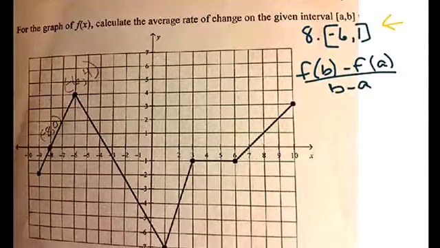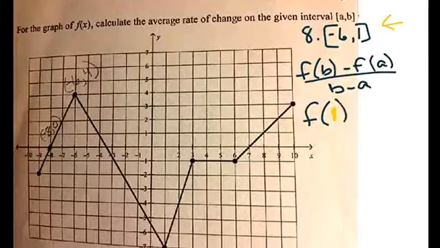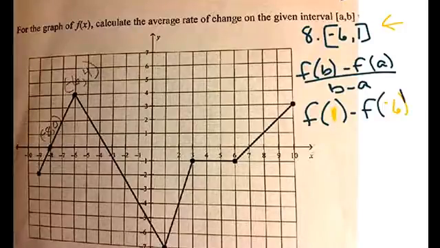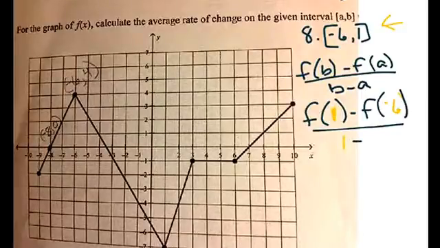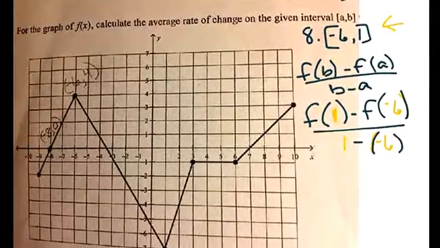I've got f of 1 minus f of -6 all over 1 minus -6. Okay, so we've plugged them in.